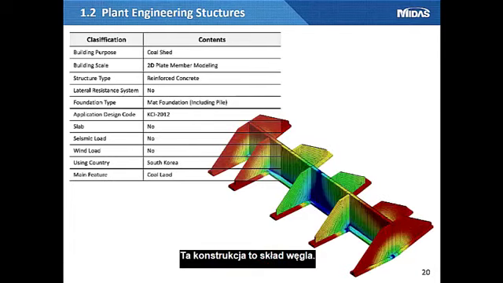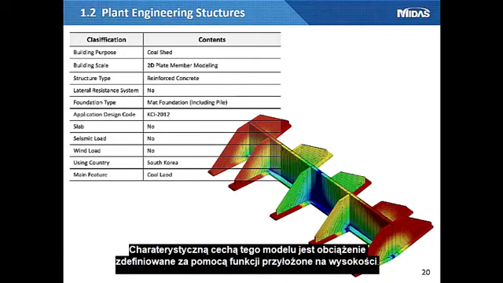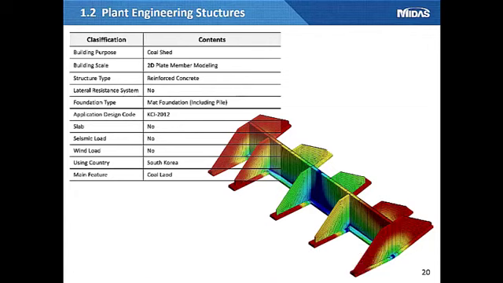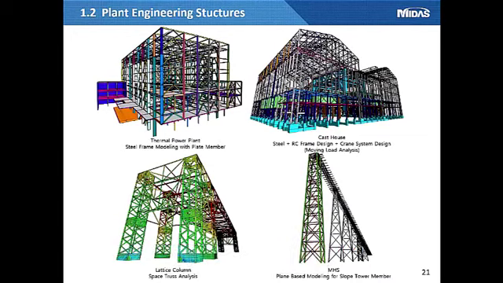This structure is a cold shed storage structure. It is characterized by defining the load along the height as a function. In addition, it can be applied to various plant structures.